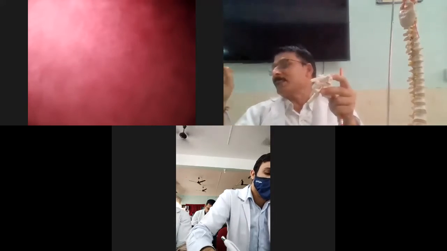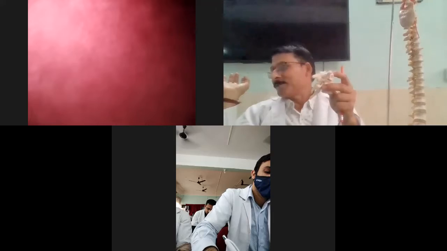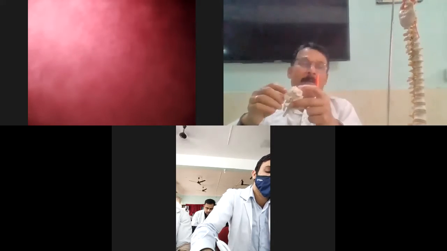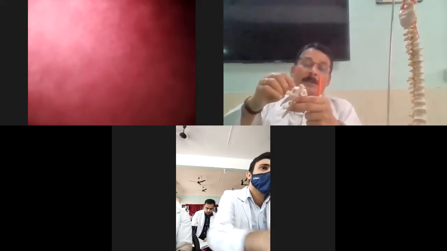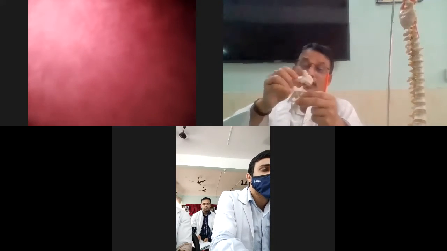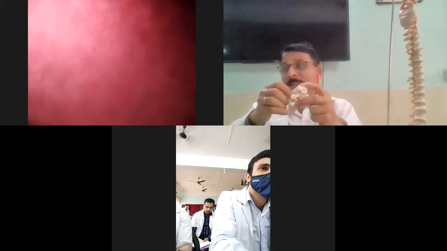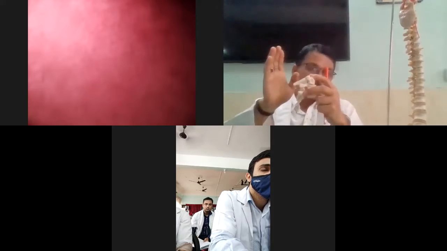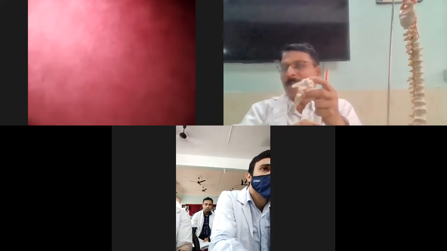This is potentially dangerous; it is an unstable fracture. Understood? And finally, it may go on to dislocation also. So at the extremes of flexion injury, many things may happen.